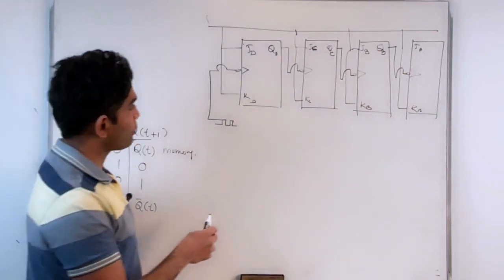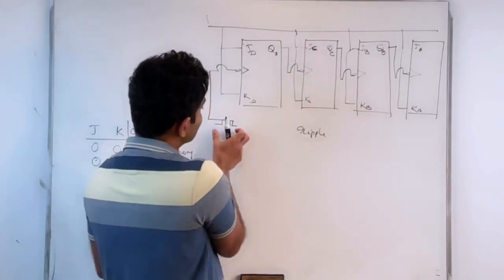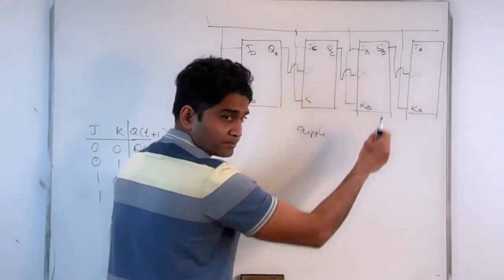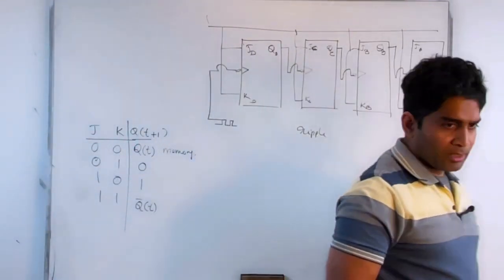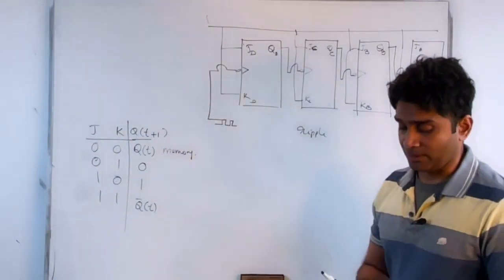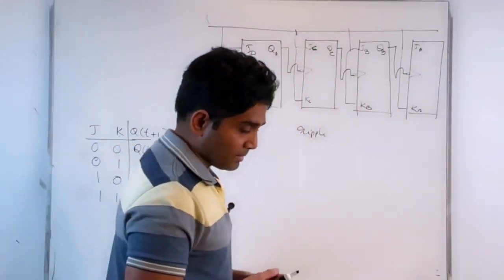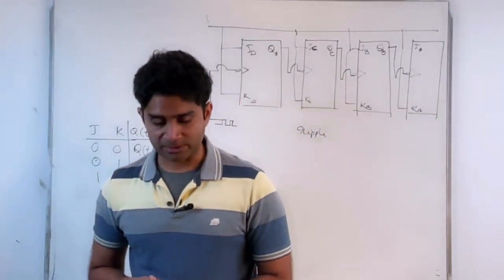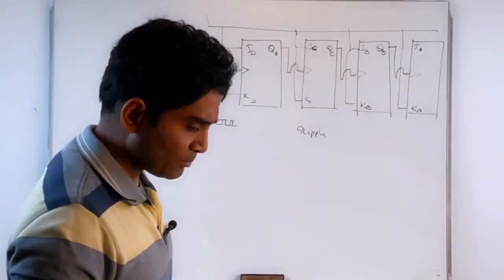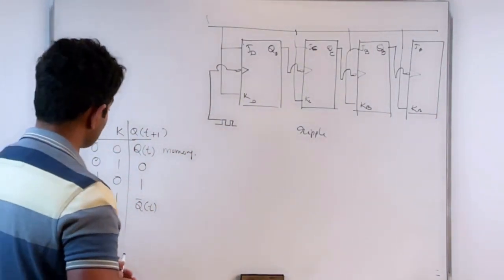And that's why we call this the ripple counter, because the effect of the clock ripples through these stages, through this configuration, right? And it worked well. We didn't see any particular problems. We examined this circuit by using the timing diagram, and everything looks fine so far, right?